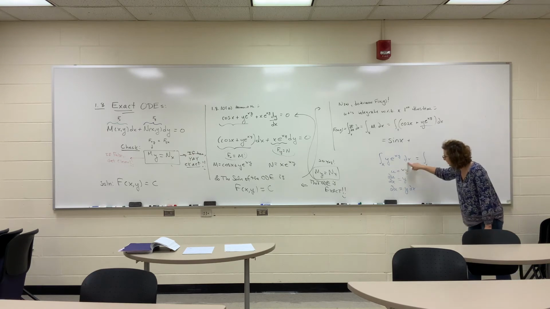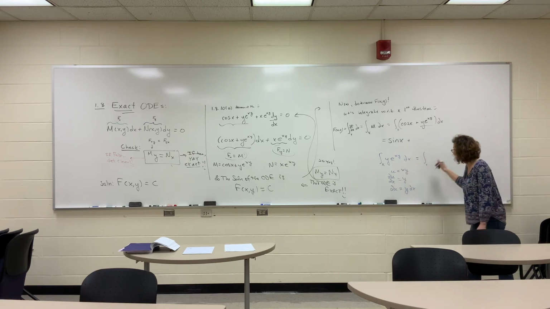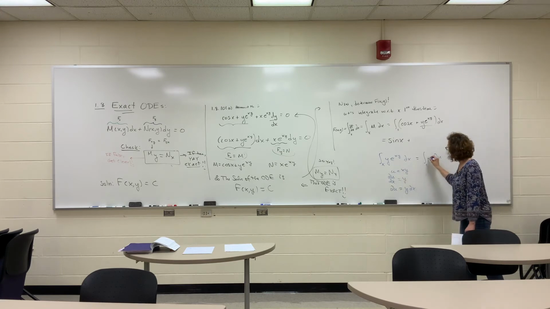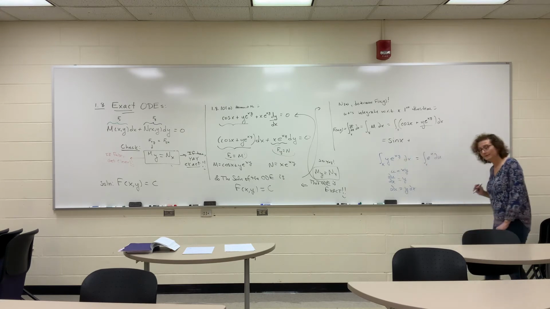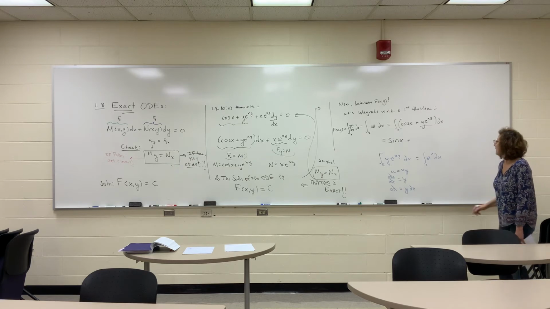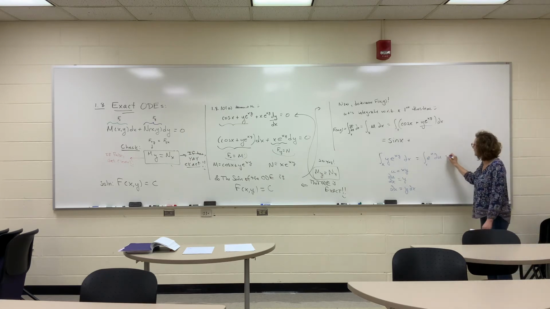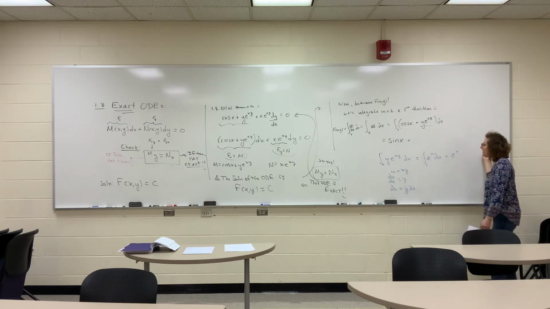Well, this piece, y partial x, is really just partial u, and this is e to the u. What's the integral of e to the u with respect to u? e to the u, plus c. But we're just going to say plus something right there right now, okay?